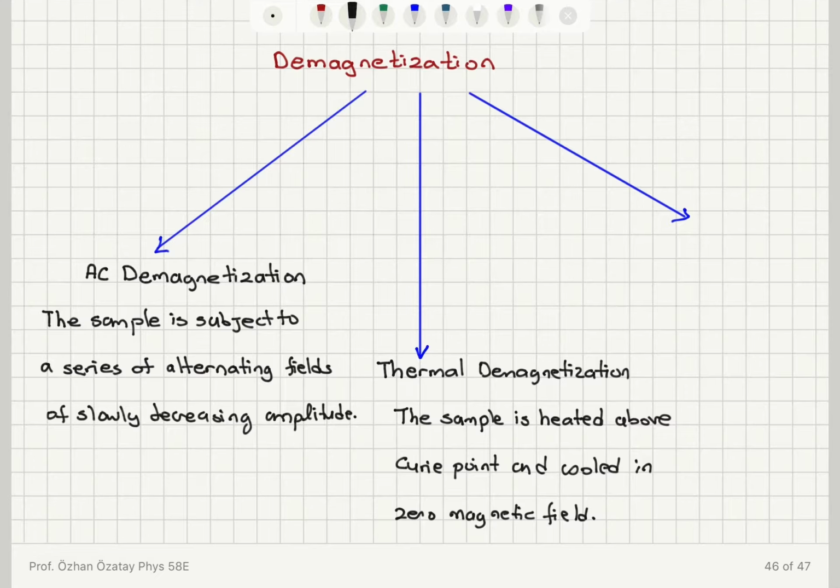The third technique is basically mishandling, or we can say it's mechanical demagnetization.